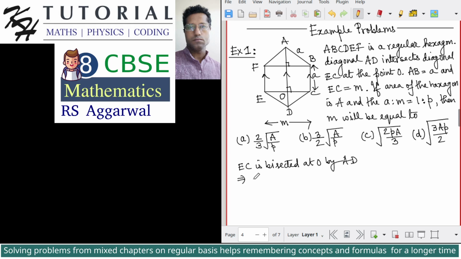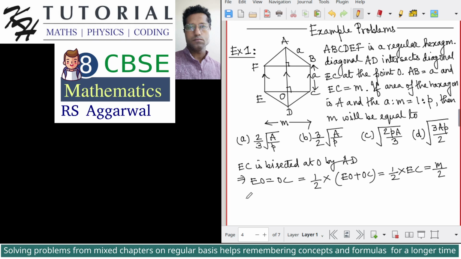So this will imply that EO will be equal to OC. This will be equal to half of EO plus OC. Now, what is EO plus OC? It is EC. Now, EC is given to be M. So this is M by 2. So EO and OC are equal, and they are equal to M by 2.